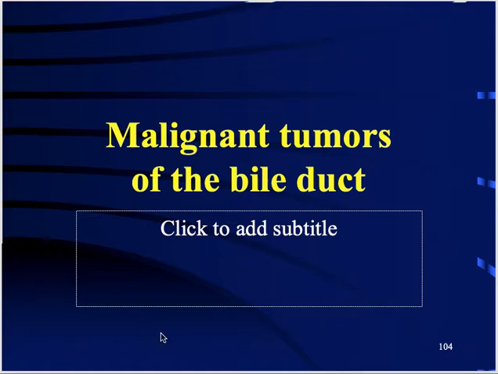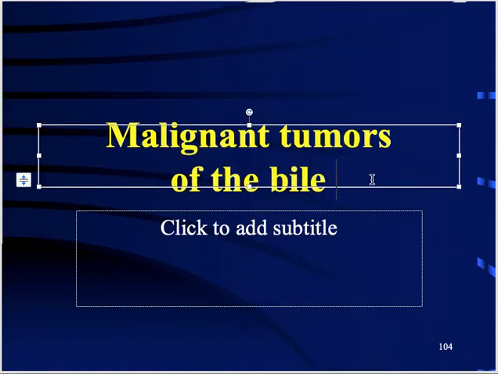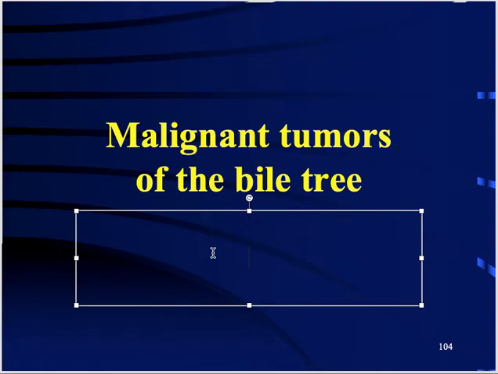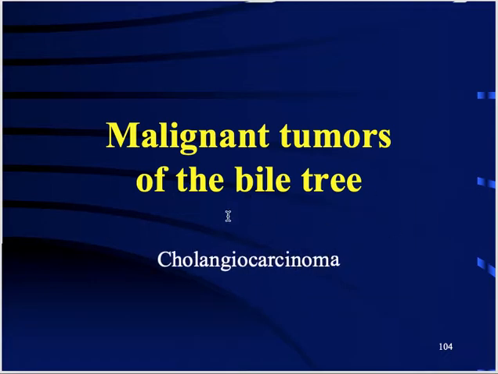The last thing is malignant tumors of the bile duct. Okay, simply the biliary tree, you can say, the malignant tumor of the biliary tree. And you know what it is called? It is called cholangiocarcinoma. Cholangiocarcinoma.